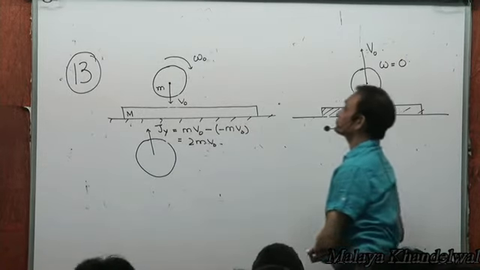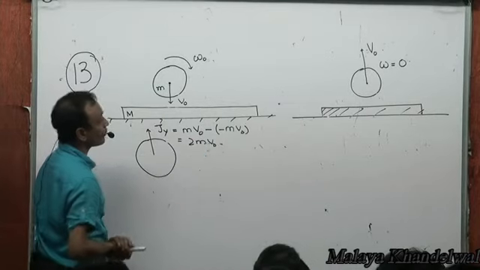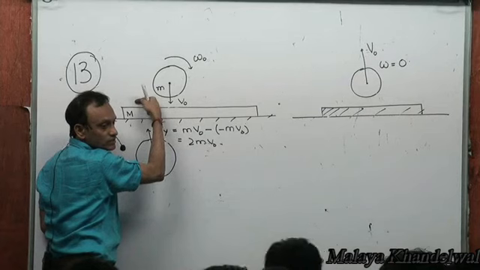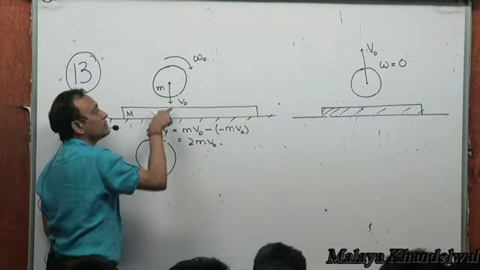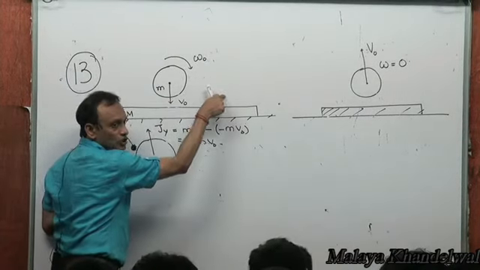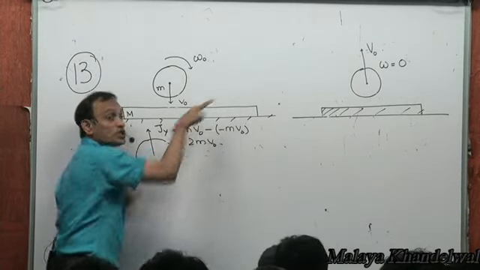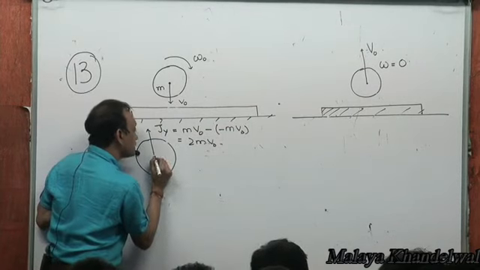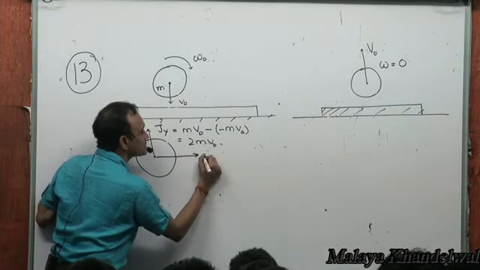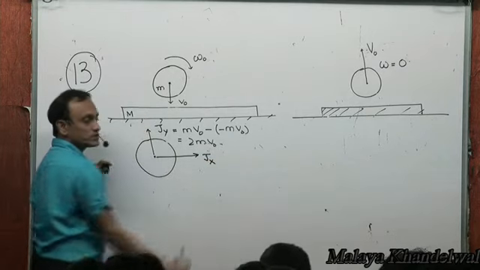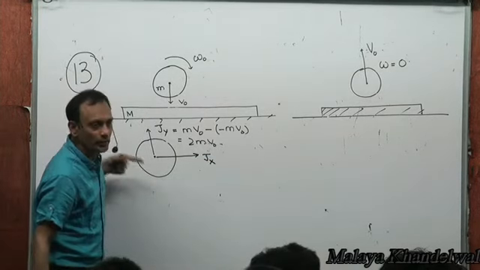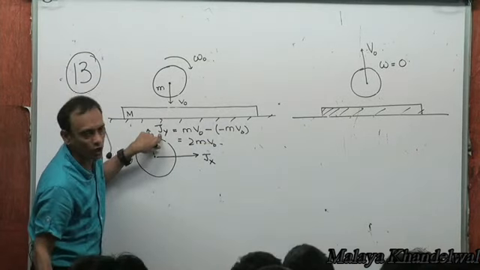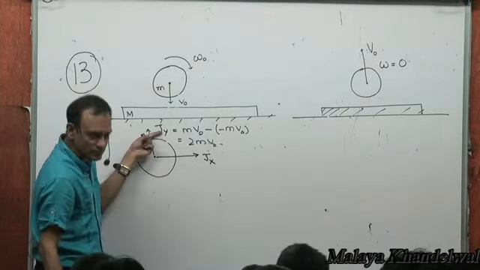Right? Now, this point, because of this omega, has a velocity like this, right? And the plank will exert a frictional force on it in this direction, which is a horizontal impulse. There is a horizontal impulse which the plank exerts on the ball in this direction, which would be mu times the normal reaction.